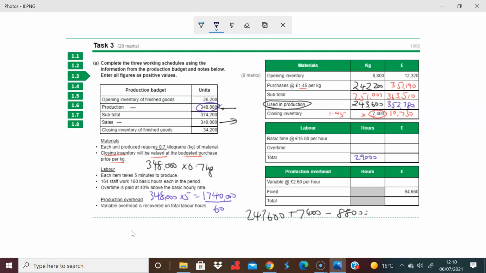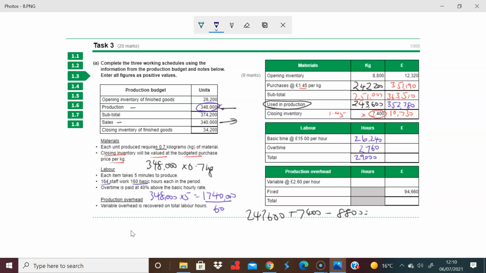The question here is, what do you have available to you? So you have available to you 164 staff, 160 basic hours in each period. So multiply the two, 164 times 160 will take us to 26,240, which means that we have a shortfall and therefore we'll need overtime hours of 2,760.